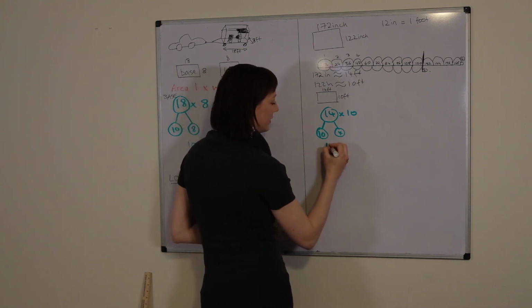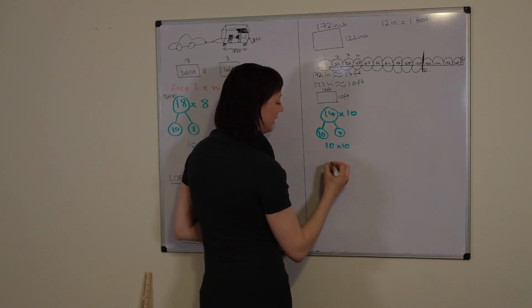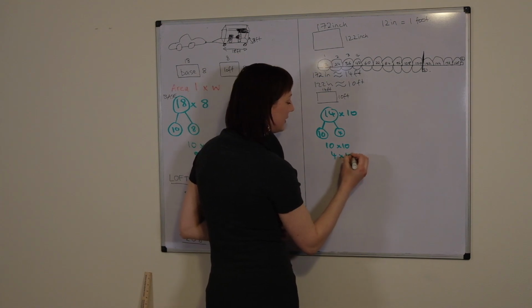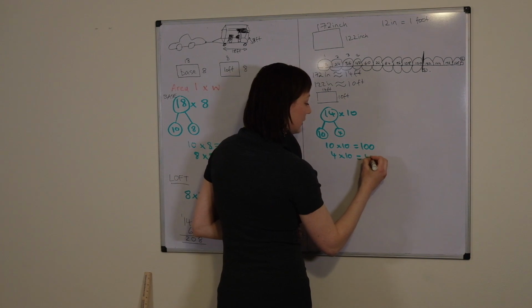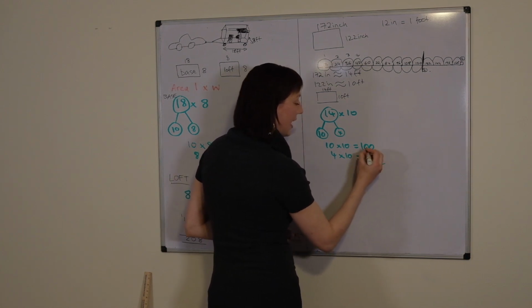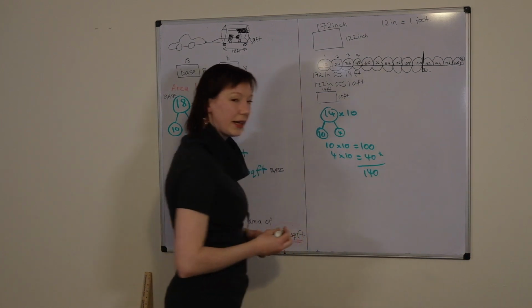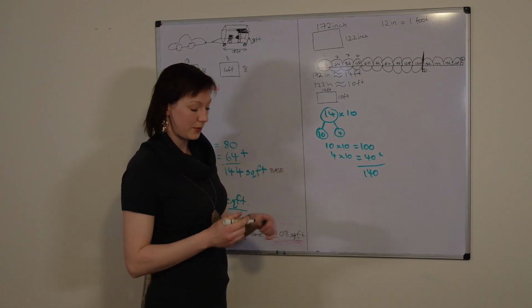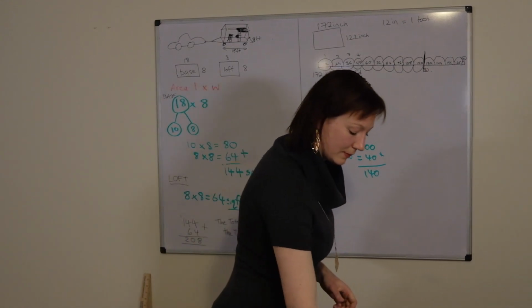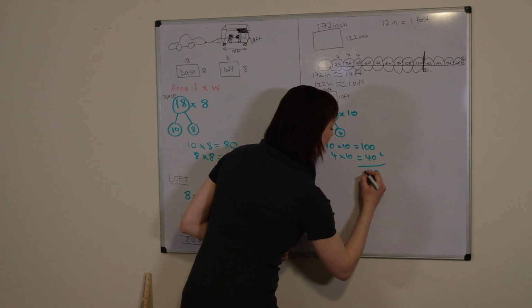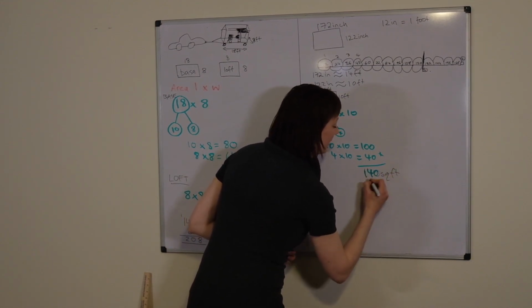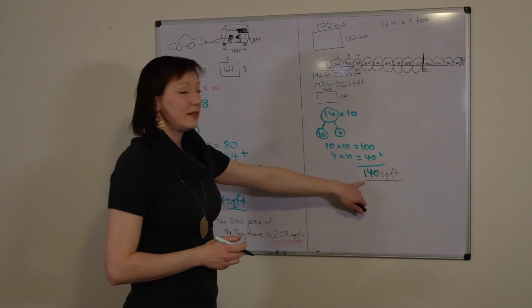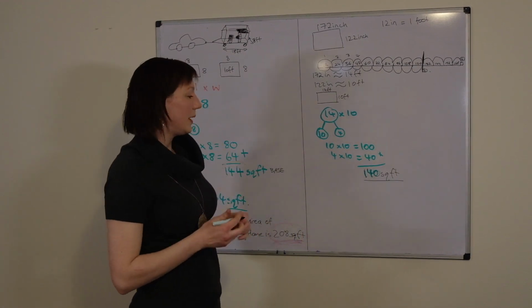Now we can do 10 times 10 and 4 times 10. What's that going to equal? Add those. 140. 140 square feet. Our answer is 140 square feet. That's the area of her bedroom.